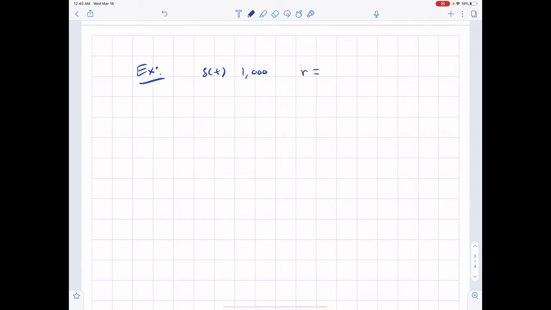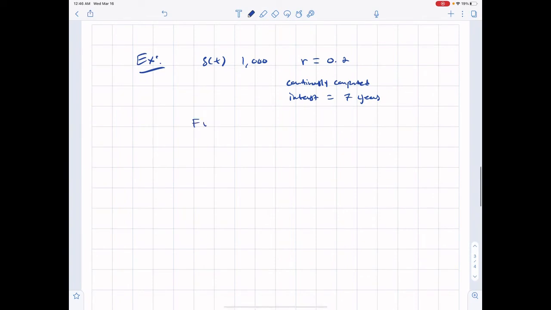And I have a rate of, say, 0.2, something like this. And my time to maturity, my period over which I'm getting the continuously compounded interest, is 7 years, say.